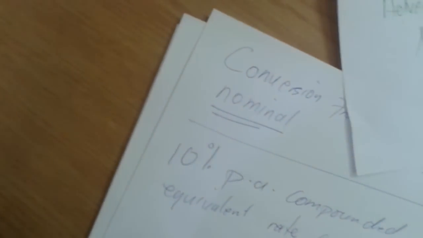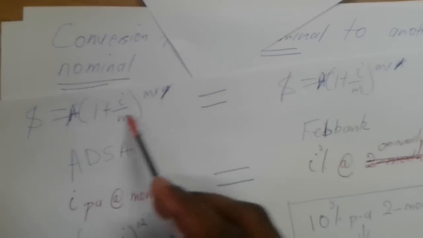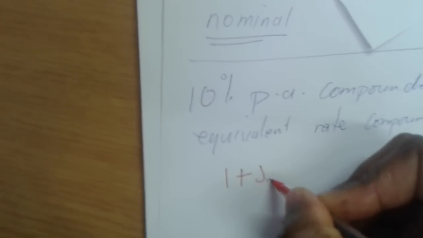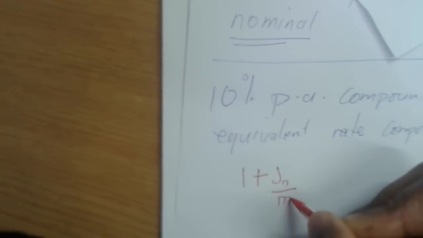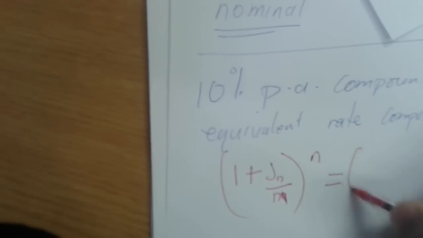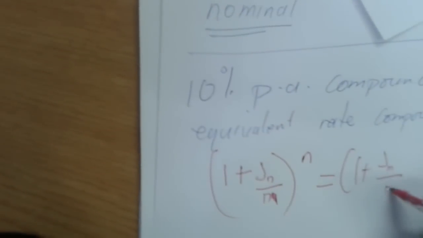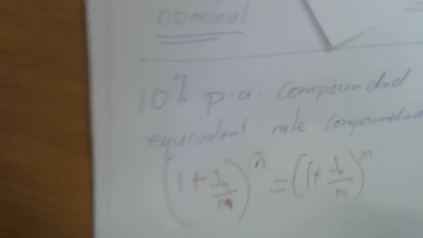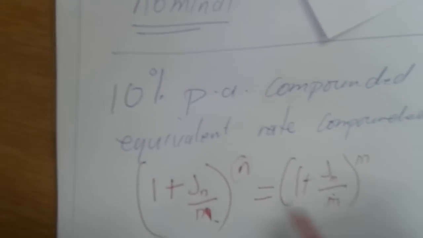Now the formula that we use is, like I explained before, I'm not going to explain again. It is the same. I'm going straight to the formula, which is (1 + Jn/n)^n = (1 + Jm/m)^m. Don't be confused. This n is no longer the same n as the one you know. It's just there to differentiate between these two.